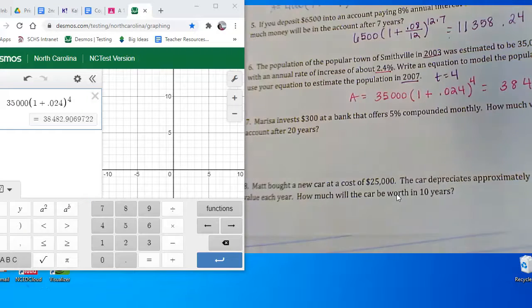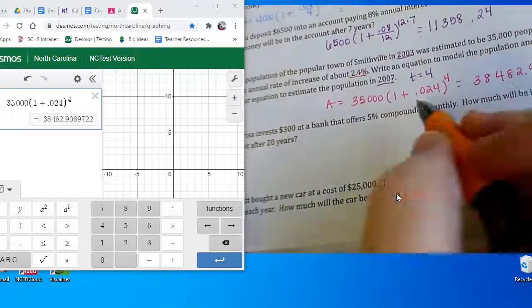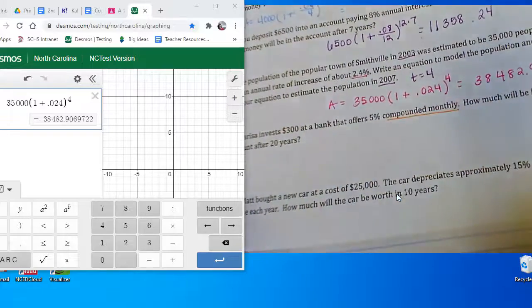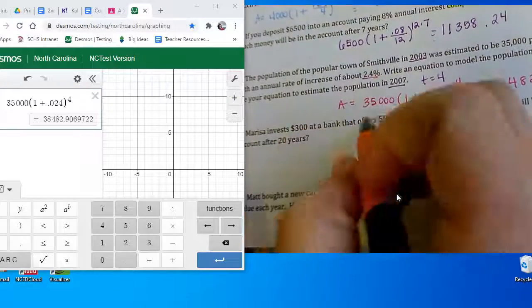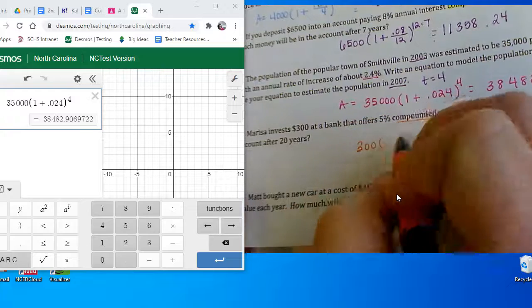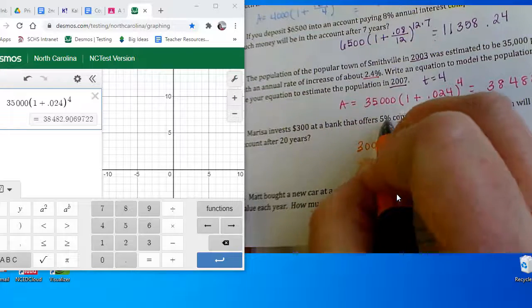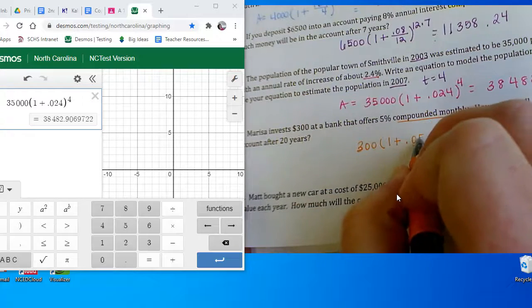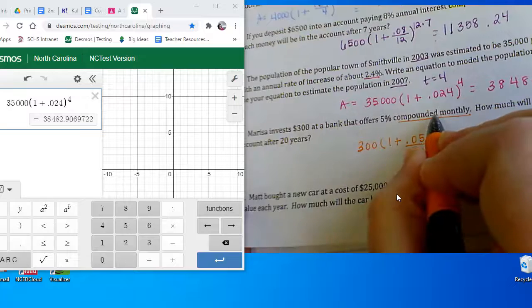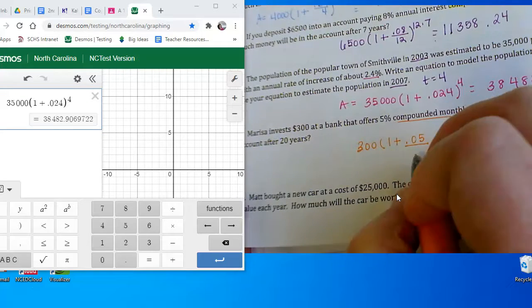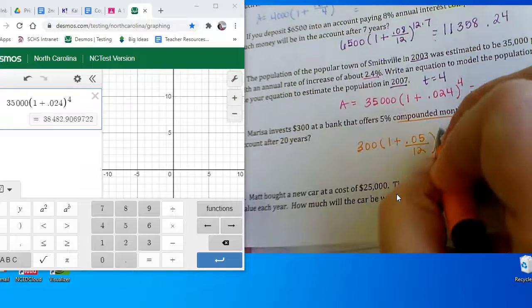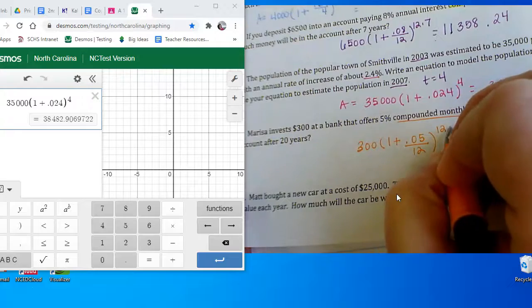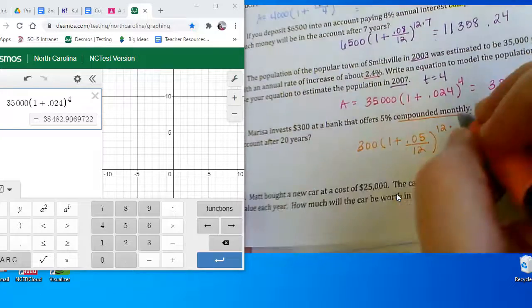Okay, so on 7, it tells me, again, there's that compounded monthly, so I know I'm going to use the longer equation. 300 is the amount that you start with, and our rate is 5%, so it's 0.05. You divide that by whatever it's compounded by, which is the 12. And then you raise that to NT, so N is 12 and T is 20.